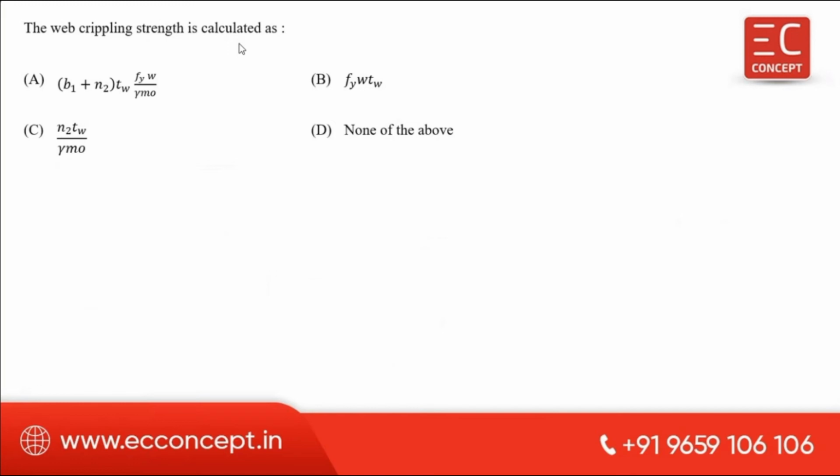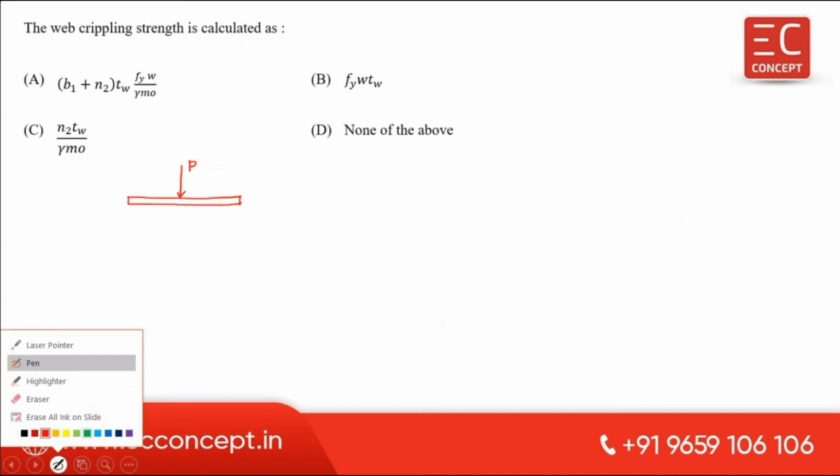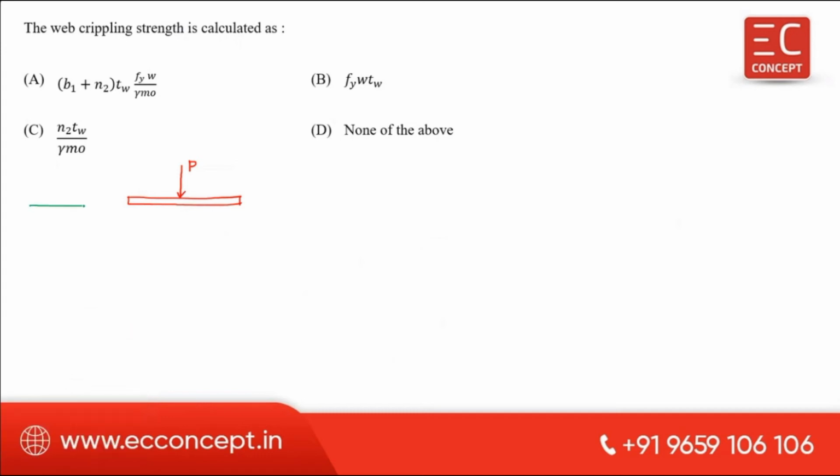so it will be calculated, web crippling strength calculated as, see, in a plate girder, there was a bearing plate. Over that, we will apply a load B. And this is the plate girder. Let us consider this is the plate girder.